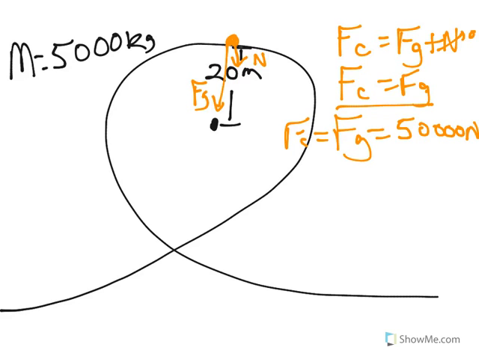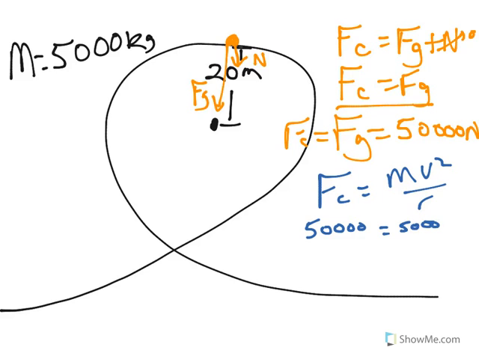Now we have to use the centripetal force formula to figure out the minimum speed at which this could happen. The centripetal force is equal to mv squared divided by r, so 50,000 newtons equals the mass, which is 5,000 kilograms, times v squared, divided by the radius, which is 20 meters.